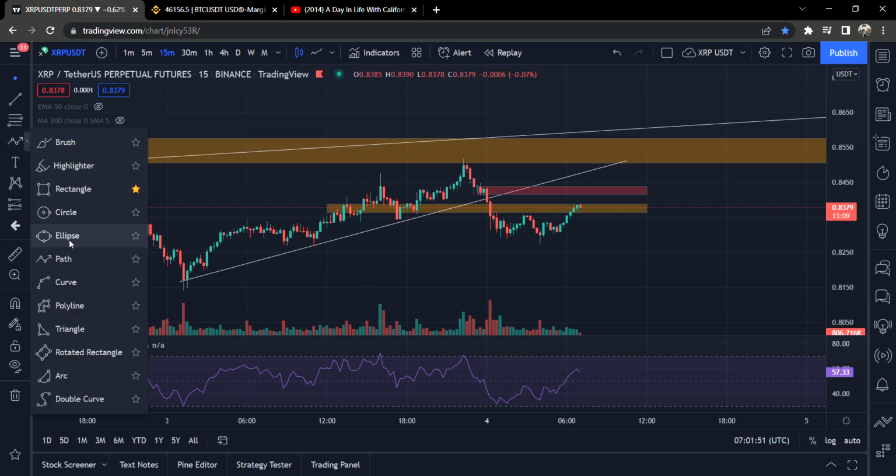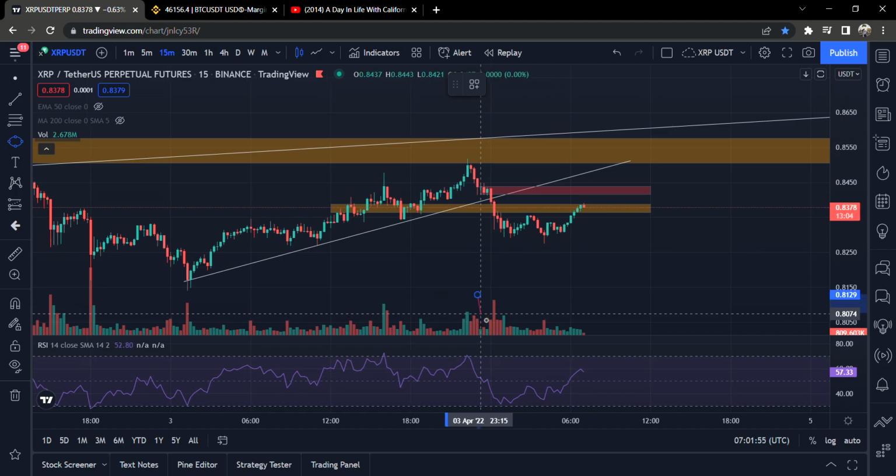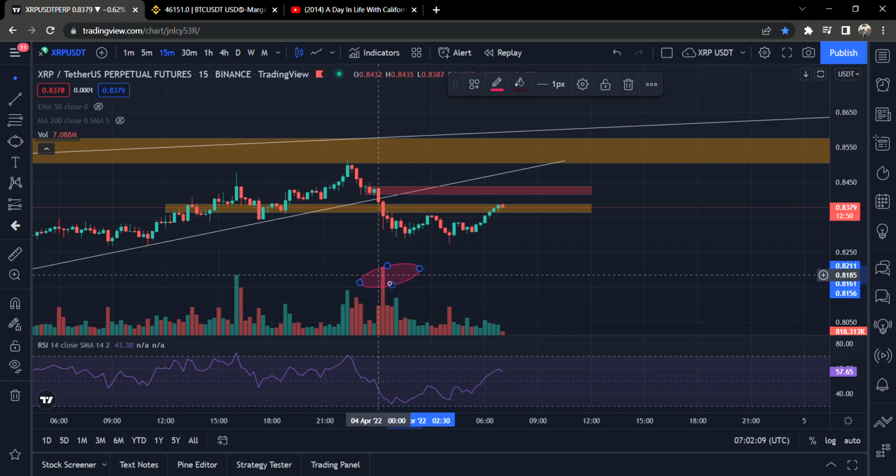I would not trade after I see this kind of rejection, or this kind of rejection, or this kind of rejection, with no volume, right? I want to see a volume like this. You can see a volume.